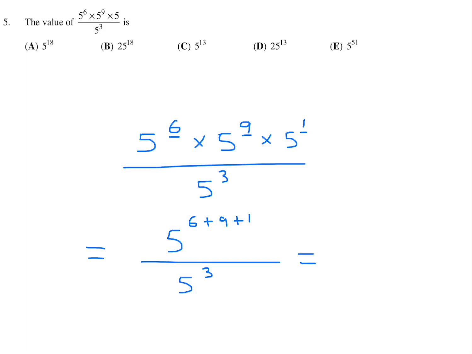So 5 to the power of 6 plus 9 plus 1 is 5 to the power of 16, all over 5 to the power of 3. And when you're dividing, you subtract the exponents. So it would become 5 to the power of 16 minus 3, and therefore that becomes 5 to the power of 13. And therefore the answer here is C.